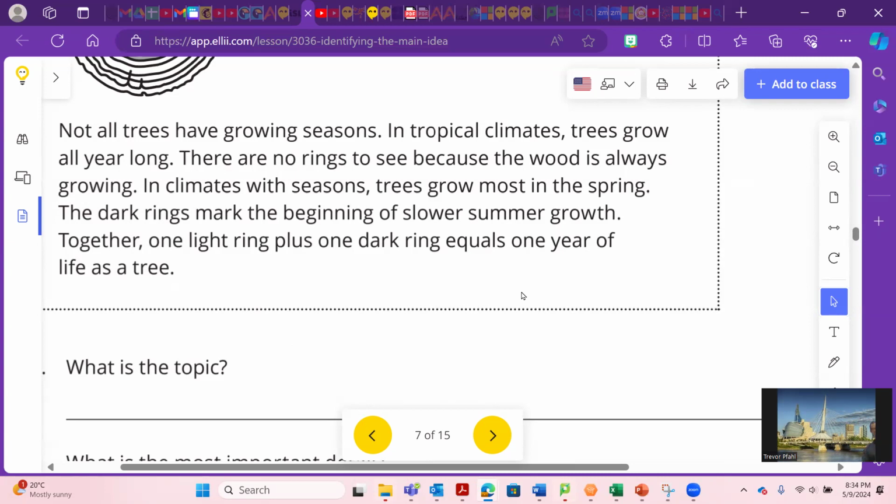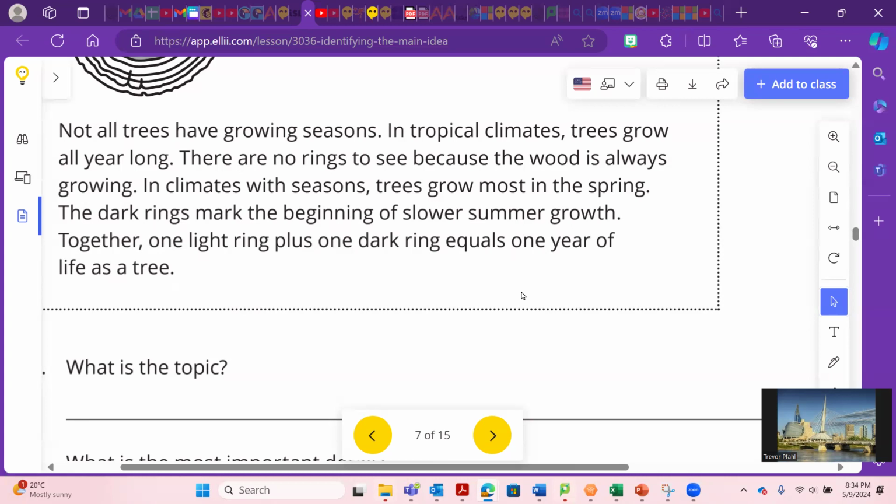So what is the most important detail, or details, maybe? Climate, because it talks about tropical climates, and then it talks about climates with seasons. So it has 2 different sections about the climate. So what's the author's point?